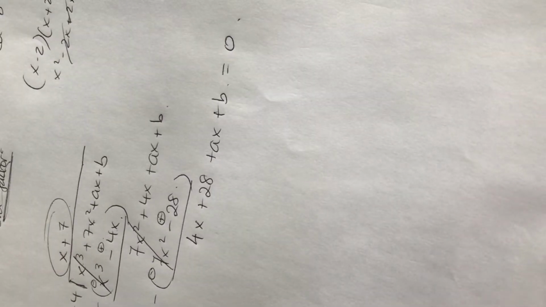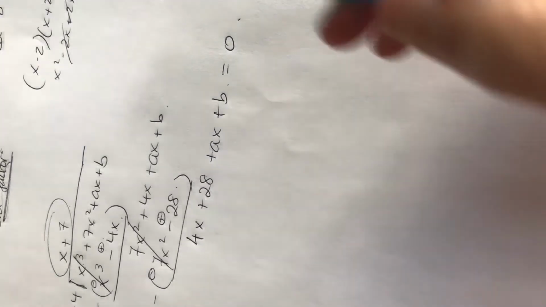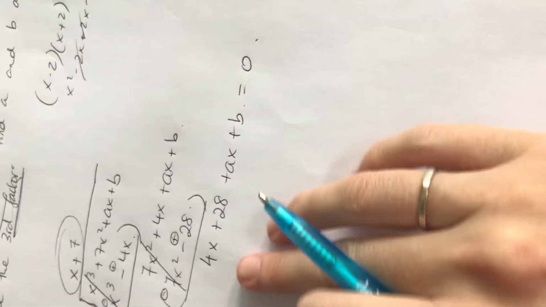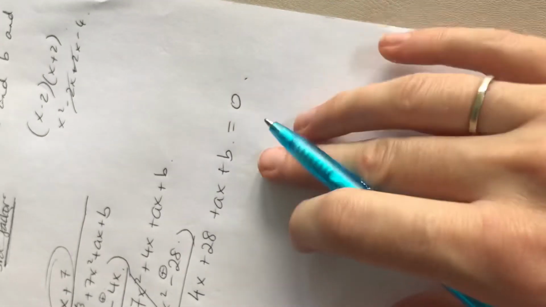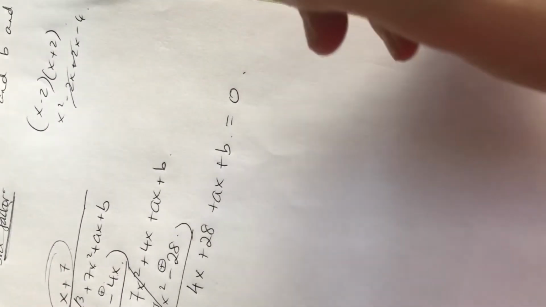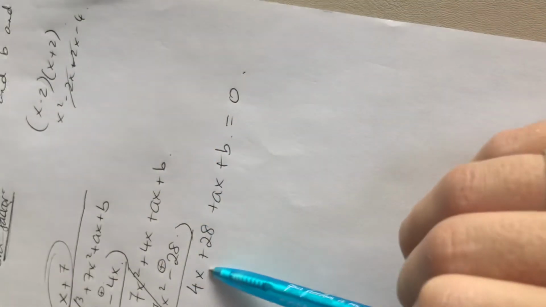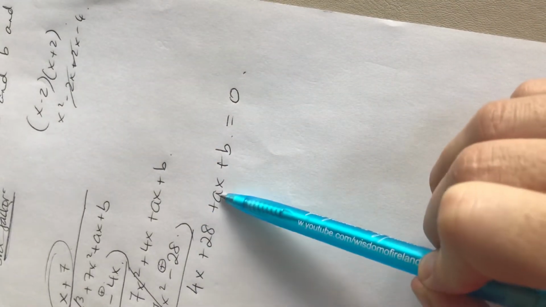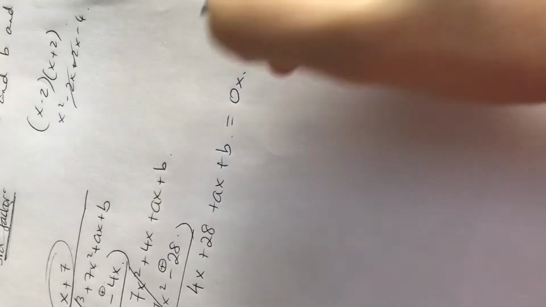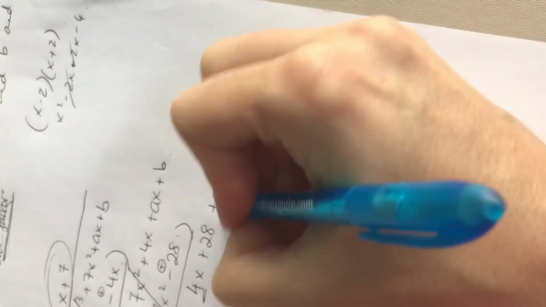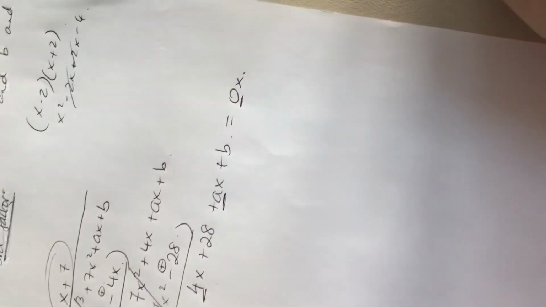Now, in order to make this maybe a little bit easier for myself, I might try and make the left a little bit more familiar, like the right. I have 4x and something x gives me 0x.